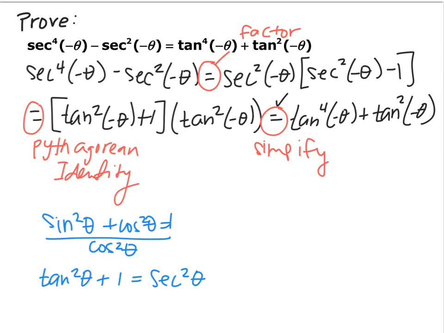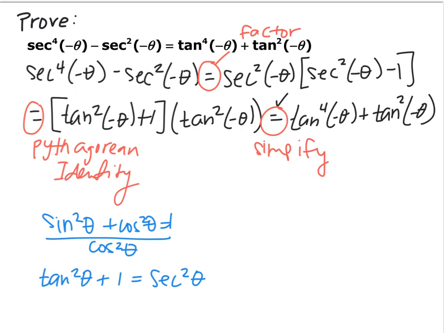So again, this is not the only right answer. I chose to start with the secant side just because that was the first side written. If you had started with the tangent side, just look at my work but go backwards and it would be the same thing. So I factored out secant squared. I factored out the lowest power, so I factored out a secant squared of negative theta. If you factor out a secant squared of negative theta, you're left with a secant squared of negative theta minus 1.